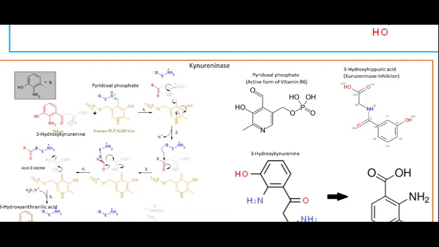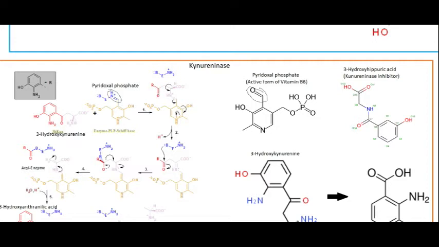This is actually sort of flipped 90 degrees around, and you can also see that this aldehyde right here has been replaced with this imine bond right here. So we have formed a Schiff base to hold it into the active site. This is forming a Schiff base with a lysine in the active site.